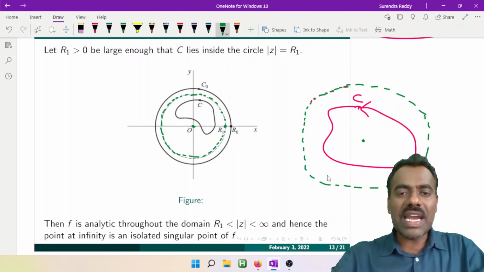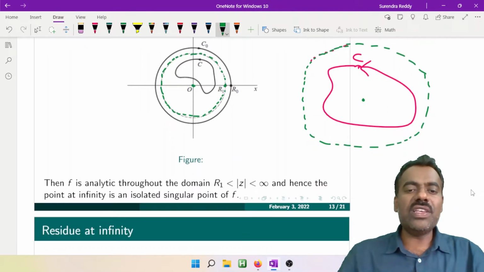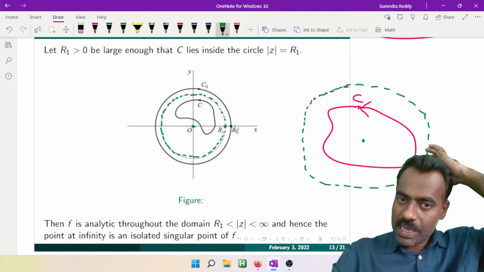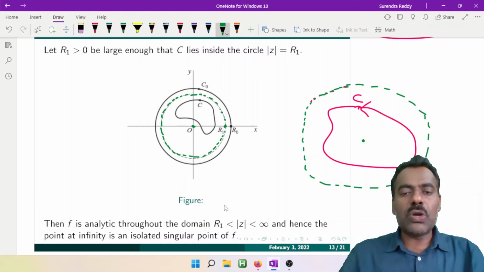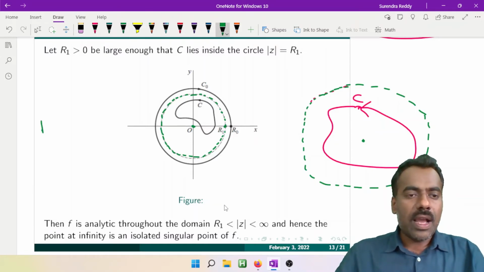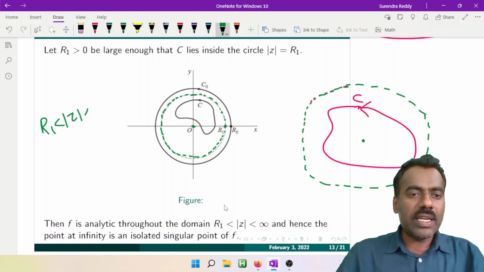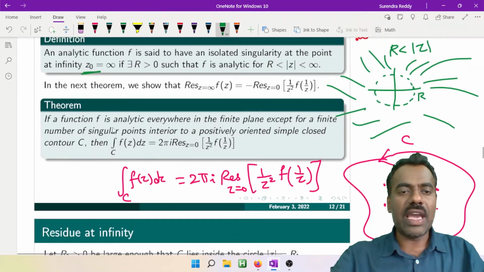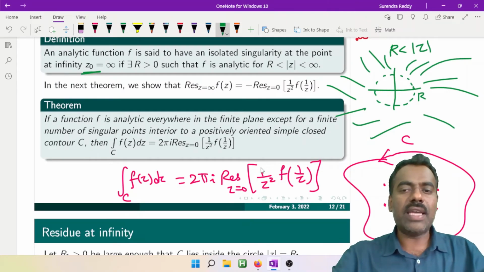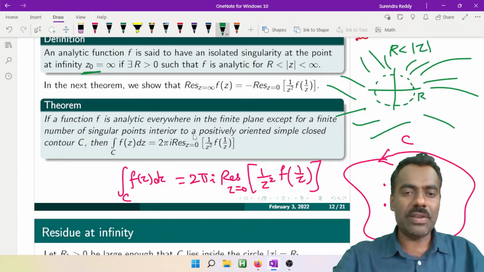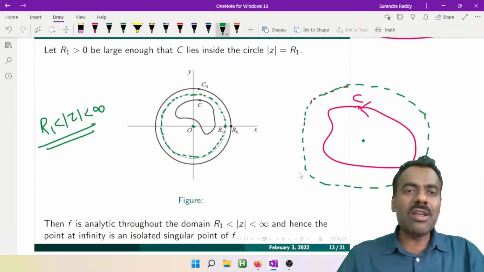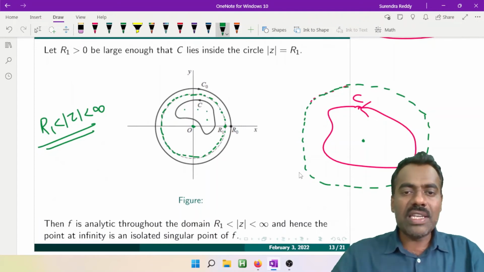What is the advantage of this one? Then f is analytic throughout the domain R1 less than mod z less than infinity, because f is analytic everywhere in the finite plane except for finitely many singular points, which are of course interior to C. Whatever singular points f has, they are all inside this.